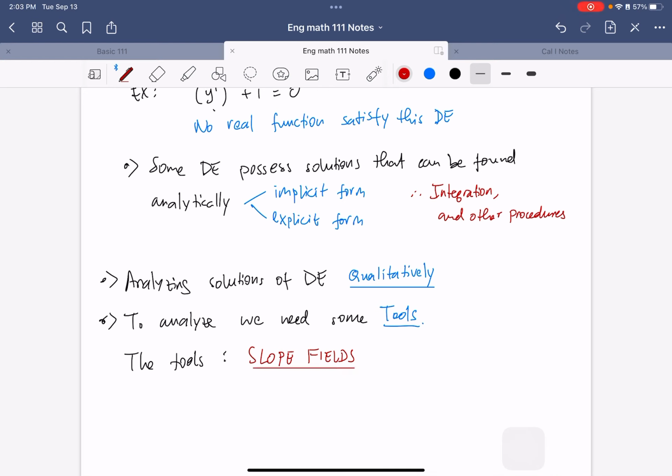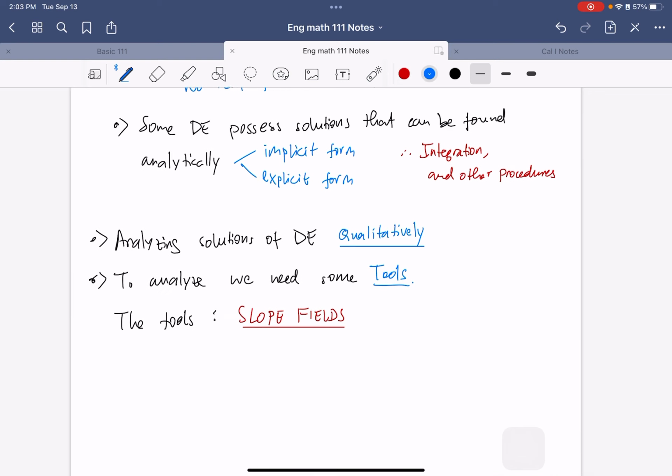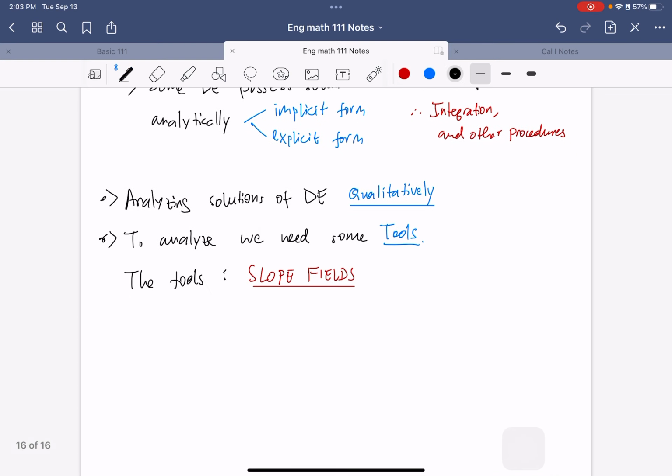So what is a slope field? Slope, I hope you still remember, we can simply say it's the gradient. But fields, it's like magnetic fields. For example, let me draw a magnet here.